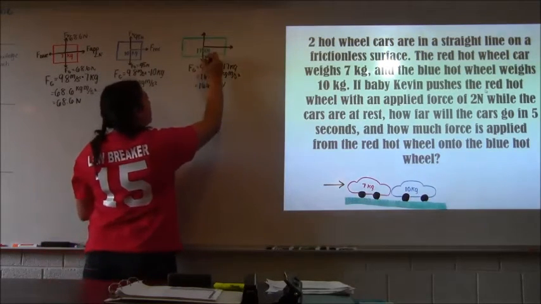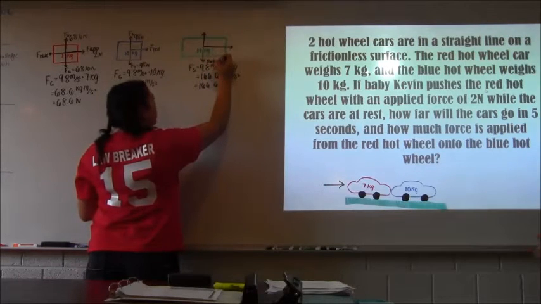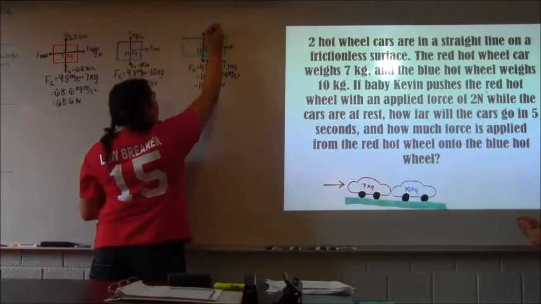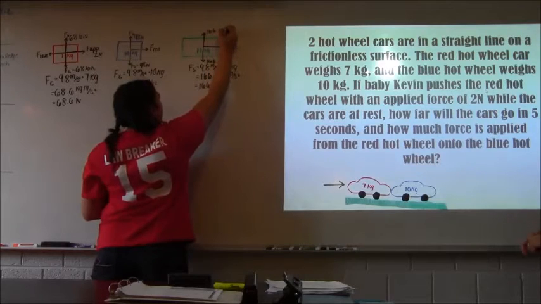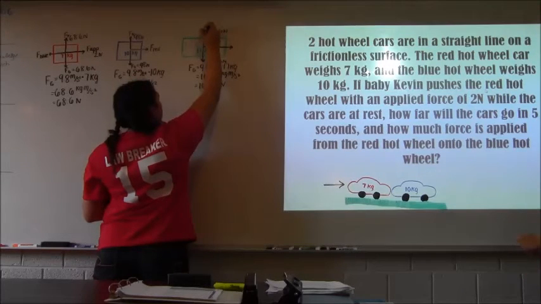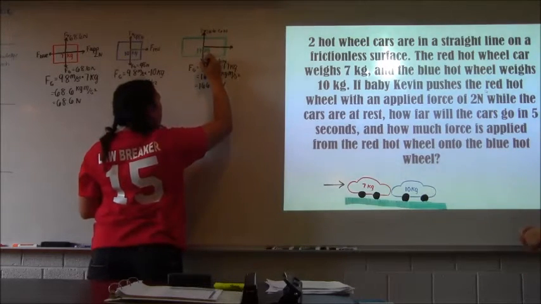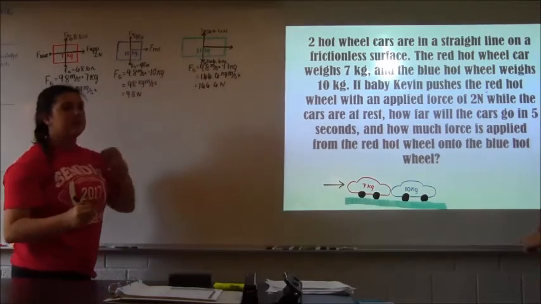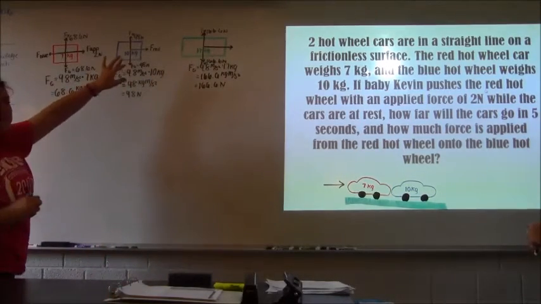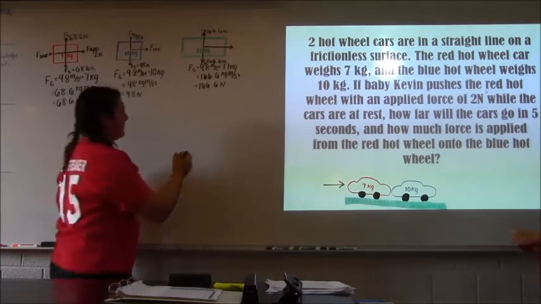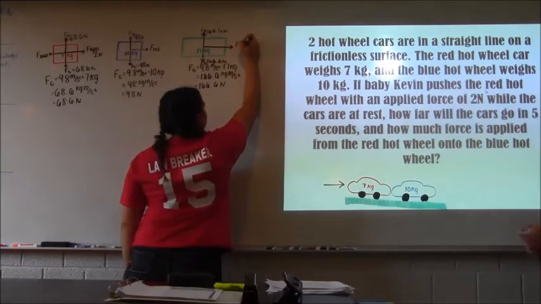So that goes right here once again and up on the top. And the force applied for this stays the same because when you combine them together, it's all 2 newtons.